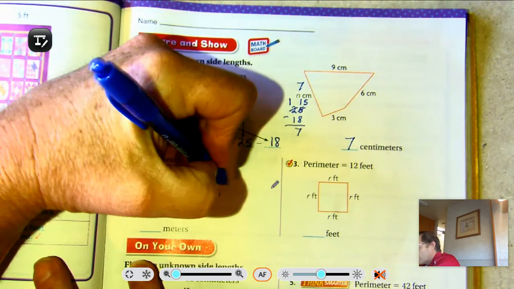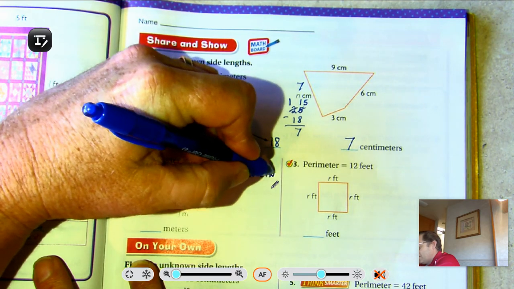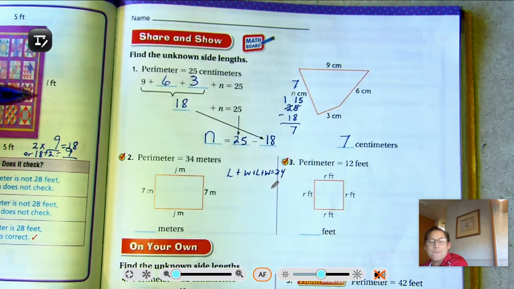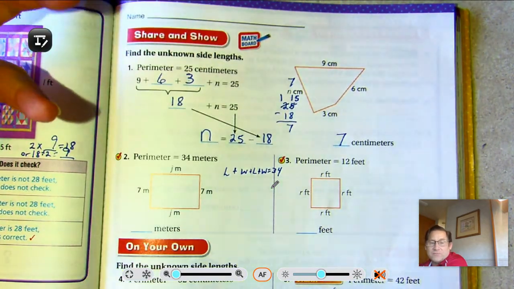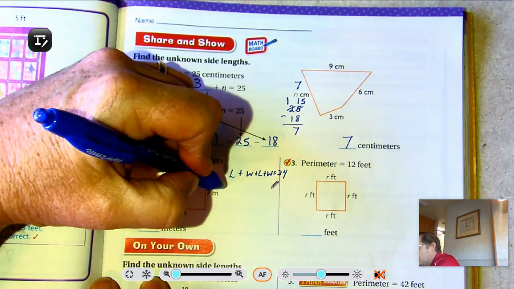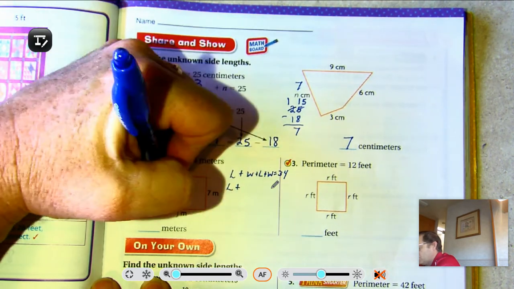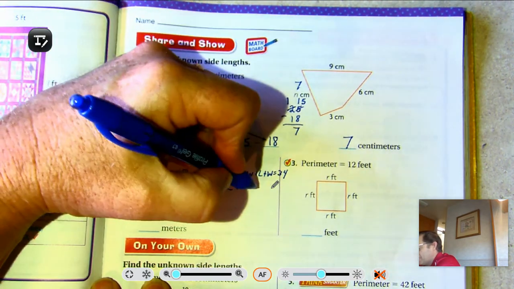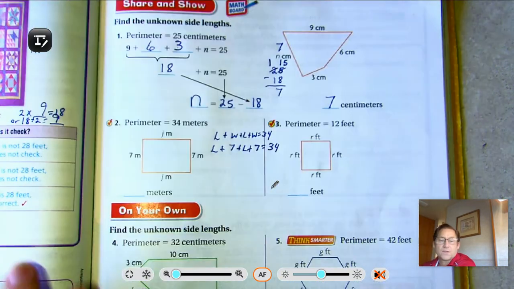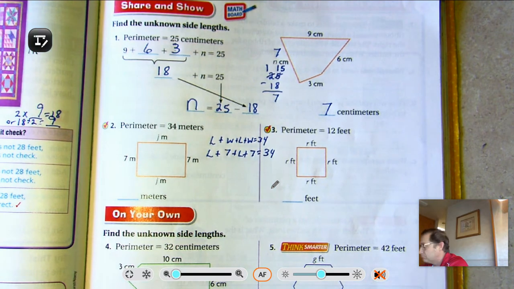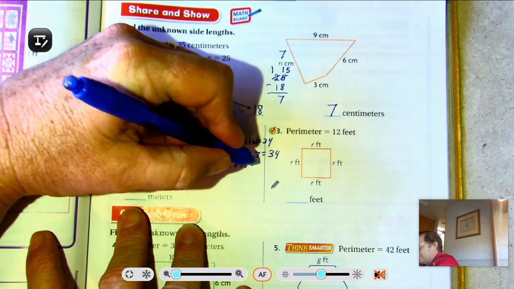So we know that it's going to be length plus width plus length plus width equals 34. It really doesn't matter which one you call the length, which one's called the width in this problem. So we'll just stick with the lengths being unknown. So we're going to say the width is 7 and the lengths need to be determined. So what is 7 plus 7? Well, 7 plus 7 is 14.